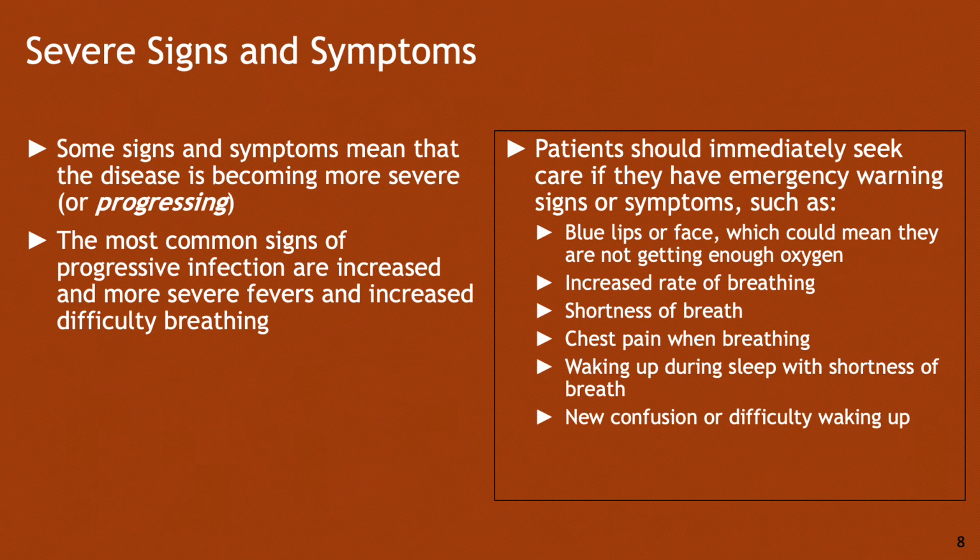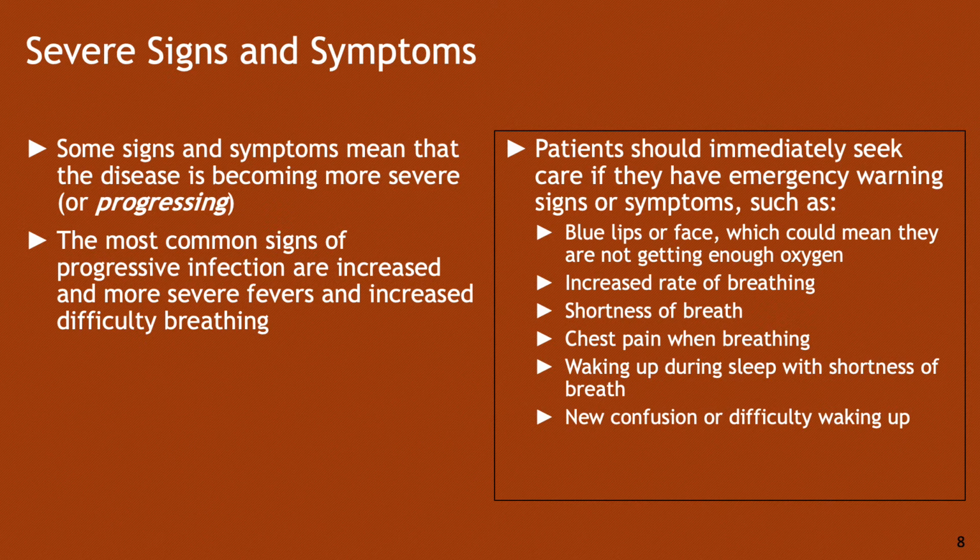And there are indications if the disease is getting worse, such as it's getting harder to breathe or the fever is increasing. This means the disease is becoming more severe, it's progressing. As contact tracers, as caregivers, we need to be able to recognize the signs when it could be an emergency and we need to seek hospitalization.